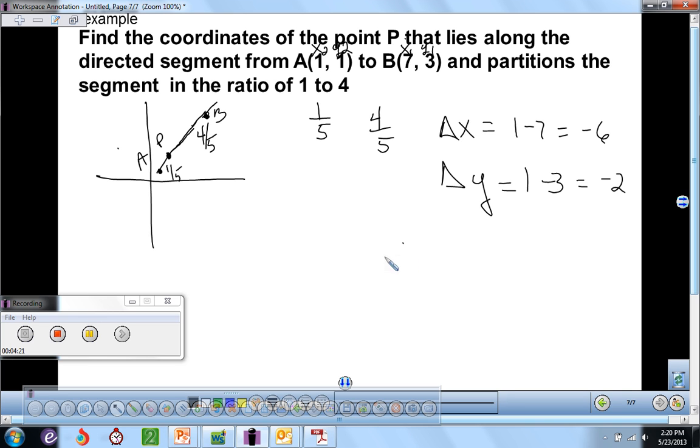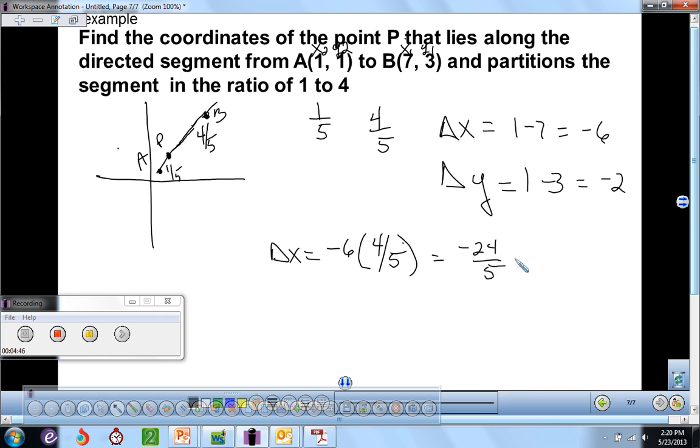Now from that we're going to take the 4/5 and multiply it times our changes. So negative 6 times 4/5. Now what's happening here is that this is the overall change, if we went all the way down to A, but we're looking at the change just to the P part. So multiplying the top, we end up with negative 24 over 5.